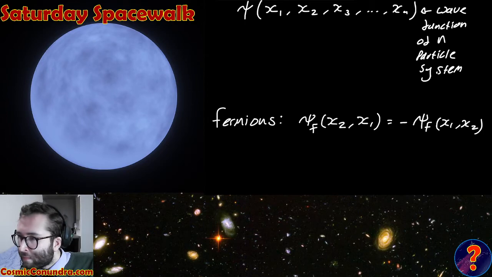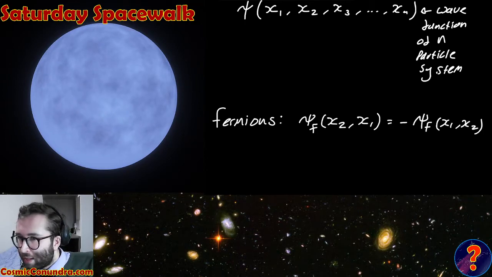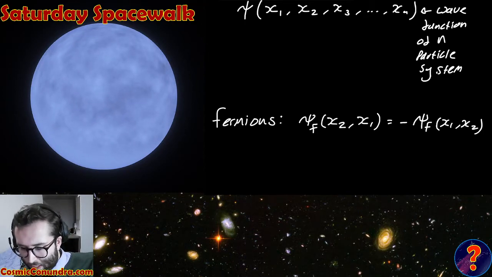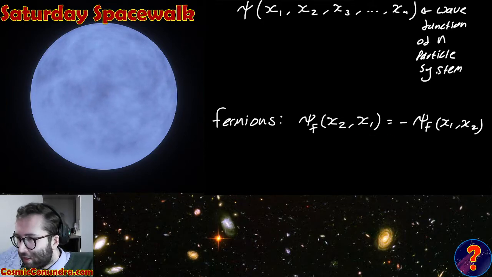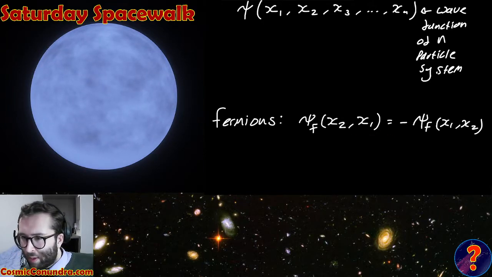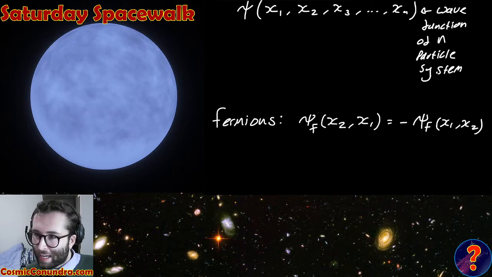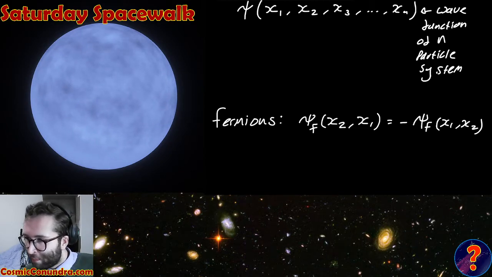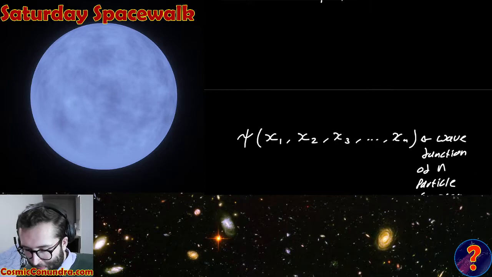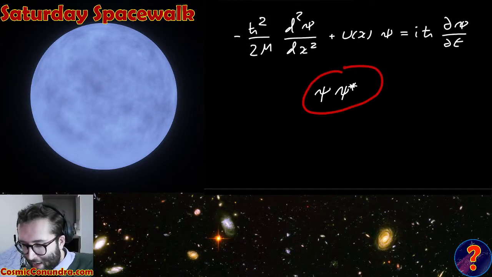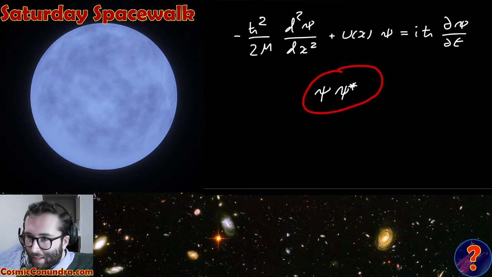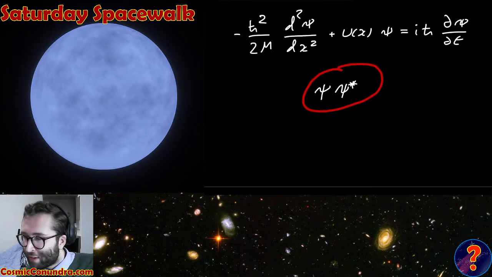Now, you might think, how is that okay if I'm changing what the wave function looks like? Surely what I label my particle as shouldn't affect any experiment or anything I can actually measure. And it doesn't, because remember, the way probabilities come out of the wave function is as the wave function times its complex conjugate.